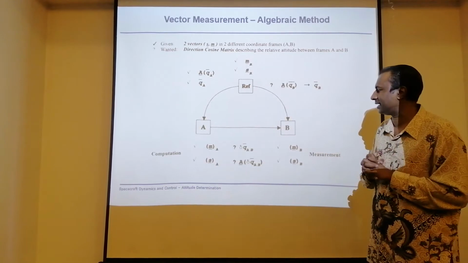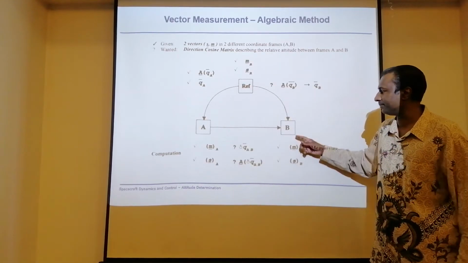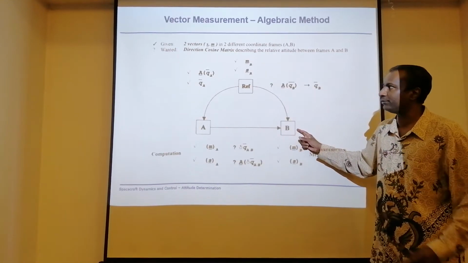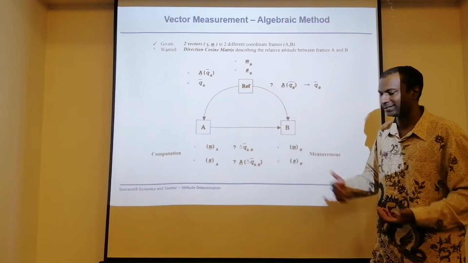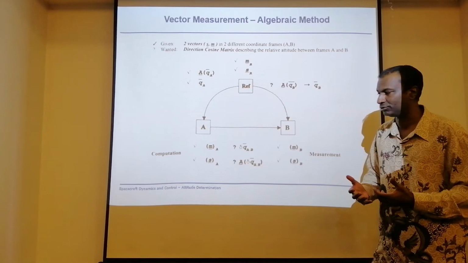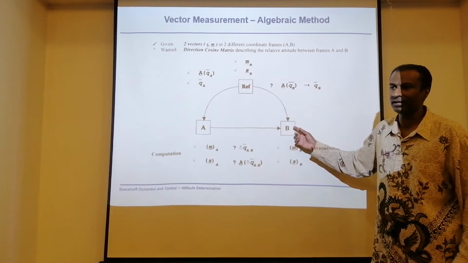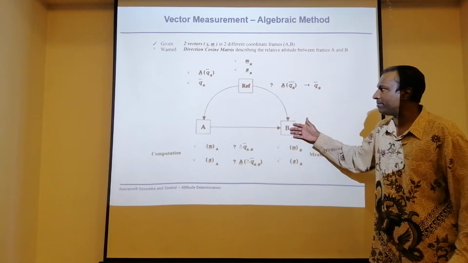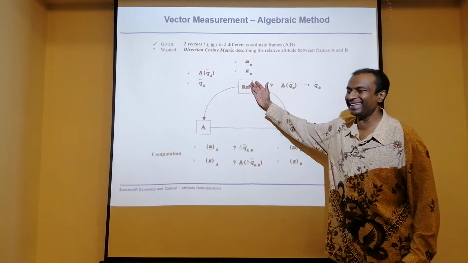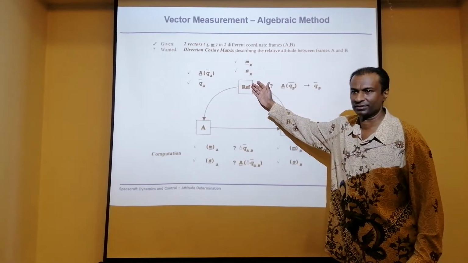Now, you must understand that when we want to do attitude determination, that means you are going to install, let's say, a gyro, or any other active sensors, in the body. And this body is going to measure with respect to the initial reference.